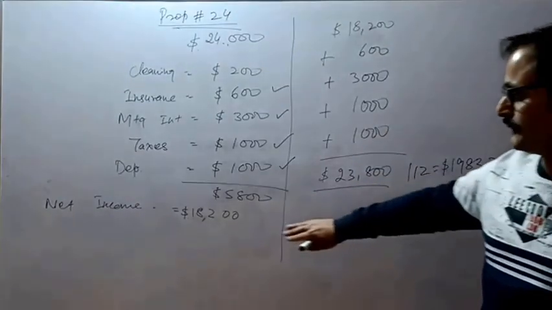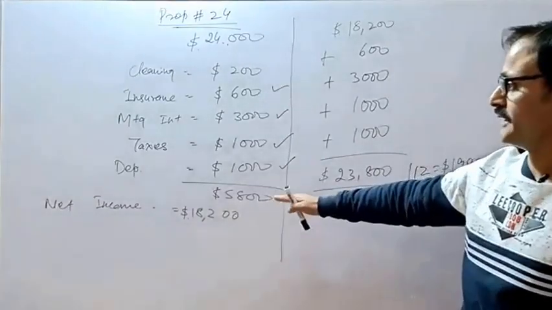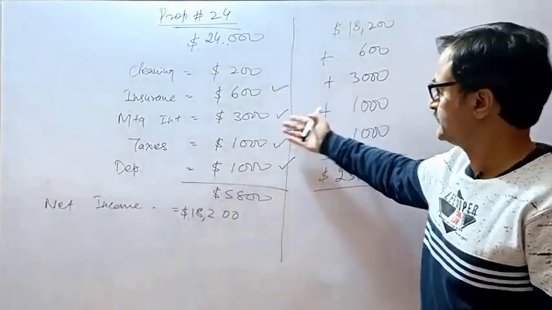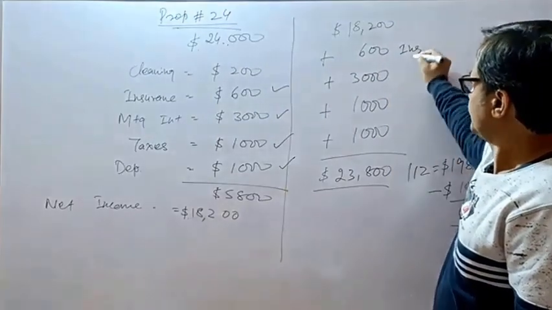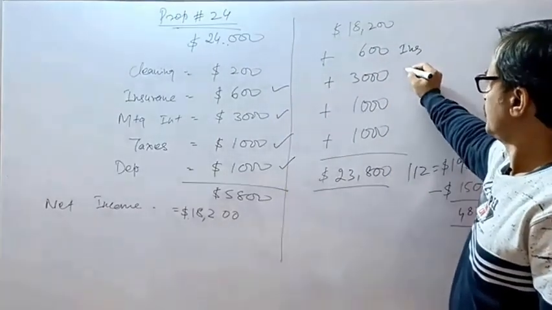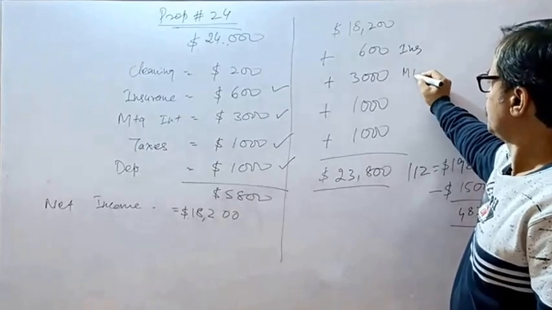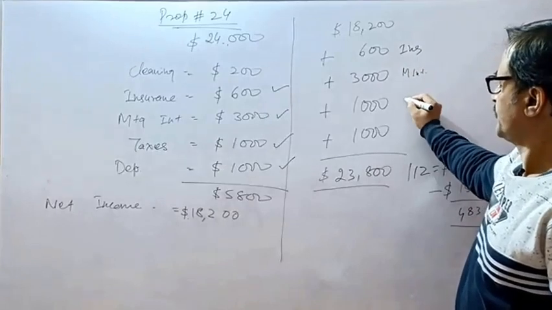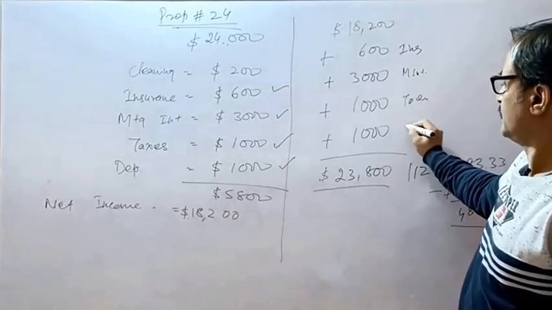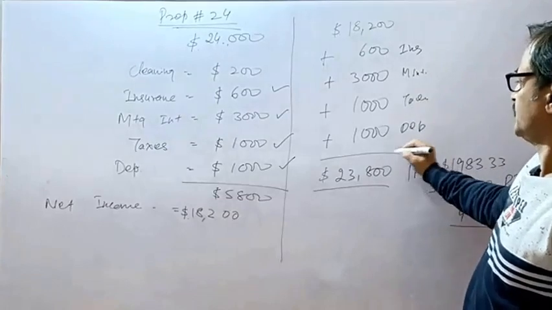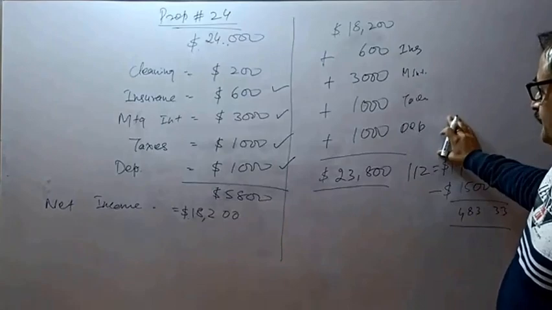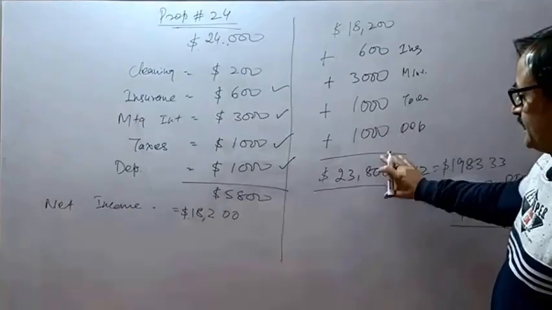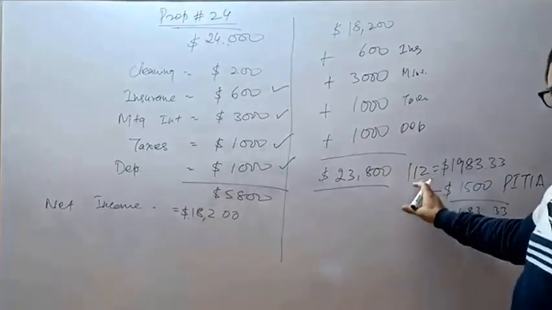And then whatever their net income, we need to add back insurance, mortgage interest, taxes and depreciation, plus HOA if HOA exists. Then all these expenses need to be added back and divided by 12.